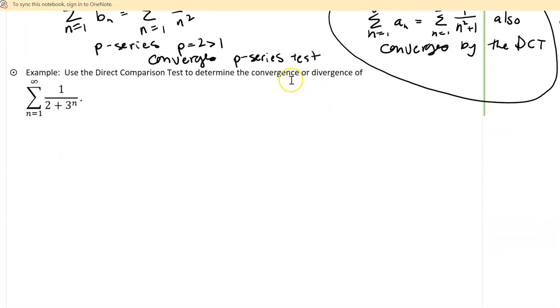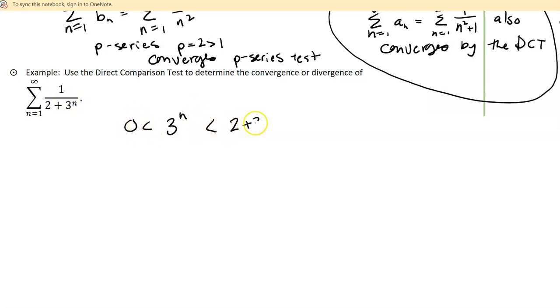Let's look at this one. I want to use the direct comparison test to determine the convergence or divergence of the sum from 1 to infinity of 1 over 2 plus 3 to the nth power. So a much simpler version of this would be 3 to the nth power. And I can observe that 3 to the nth power is greater than 0. It's never going to be negative.